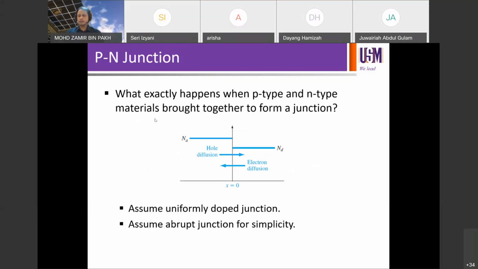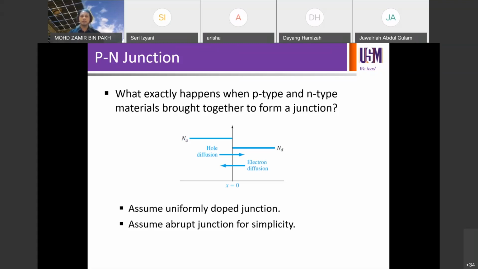Yesterday we discussed what happens to the PN junction when we combine the two materials together. Before this, we have learned that the p-type material is made of holes as the majority carriers and electrons as the minority carriers. And n-type semiconductor, on the other hand, is made of electrons as the majority carriers and holes as the minority carriers, right? So the majority carrier concentration is given by the doping level that we use.